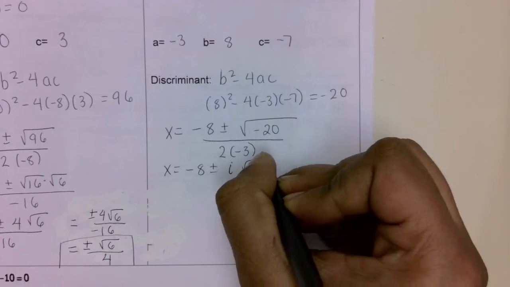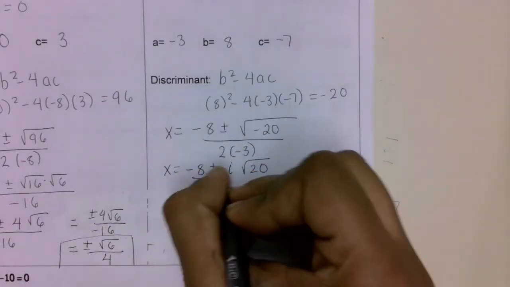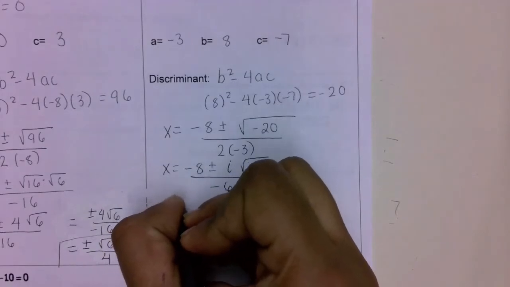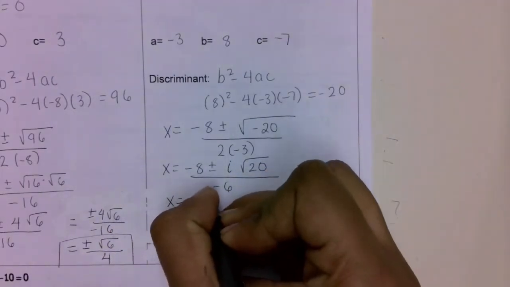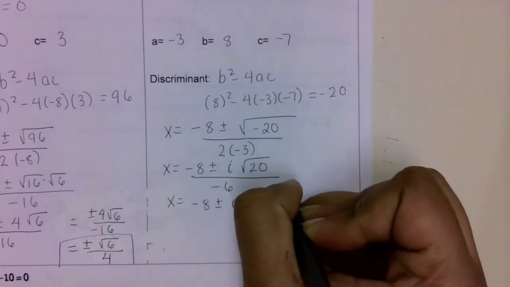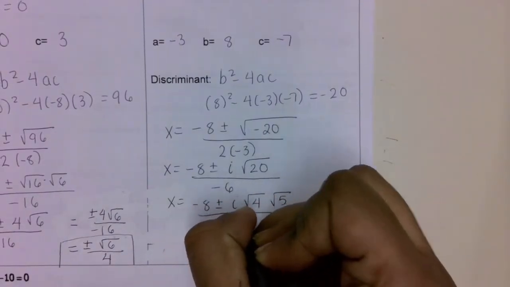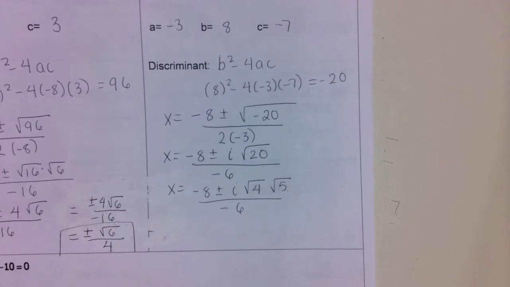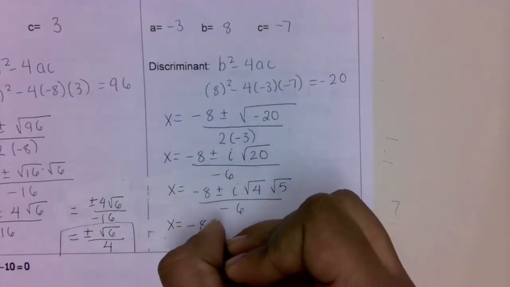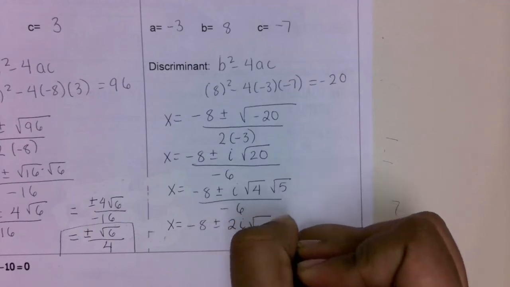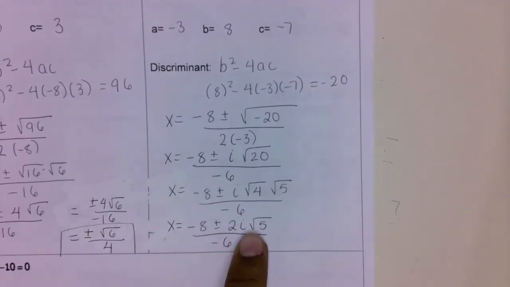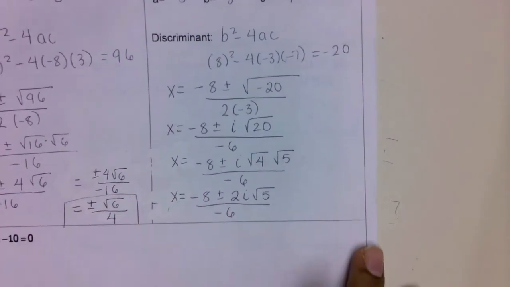Square root of 20 all over negative 6. Square root of 20, that can be split up into the perfect square 4 and 5, all over negative 6. The square root of 4 is 2, so that's 2i square root of 5 over negative 6. Remember, the real number has to go first, then the imaginary number, then the square root.